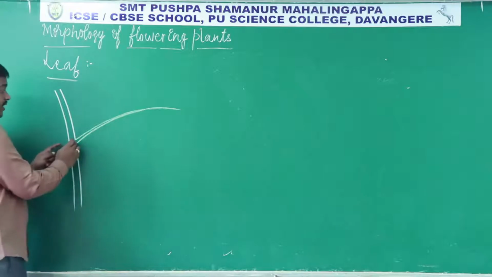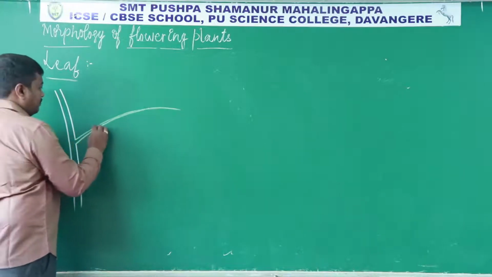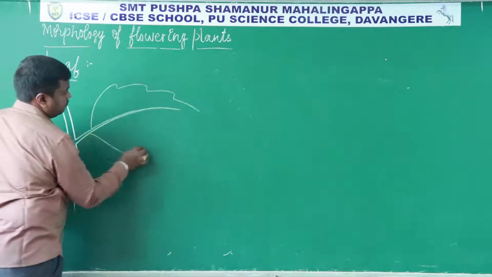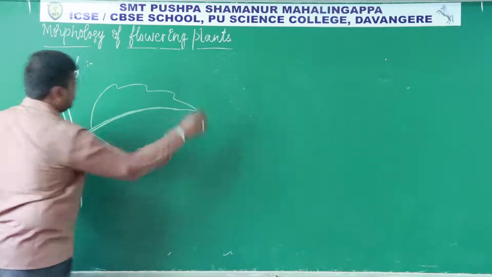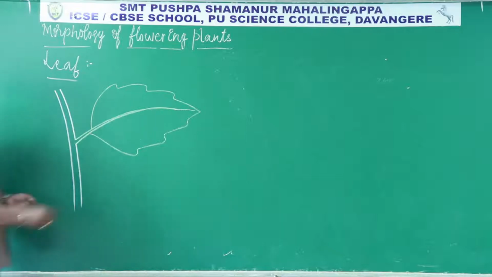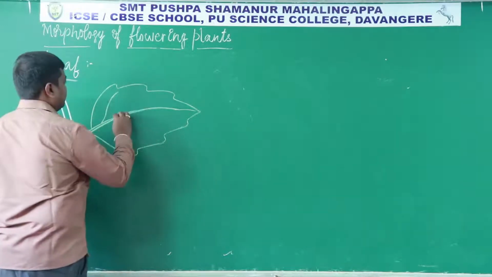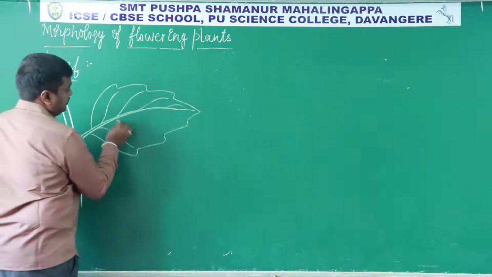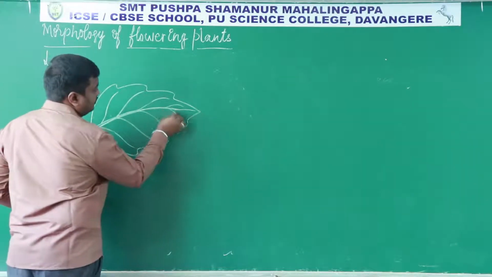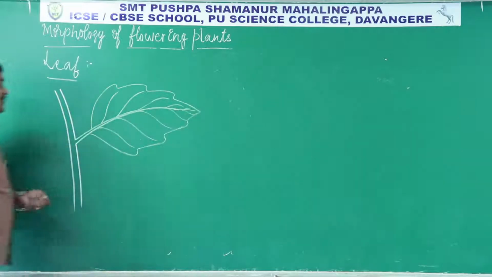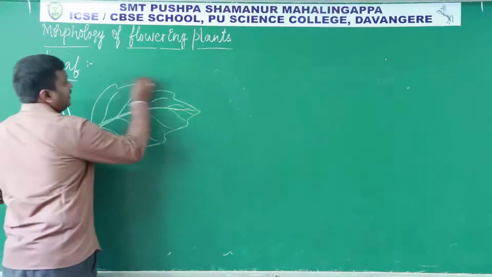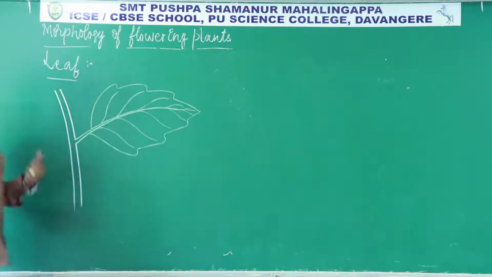From the nodal region the leaf is going to be produced. If you draw a typical leaf, the structure is like this. Starting from here, the whole thing is a leaf.